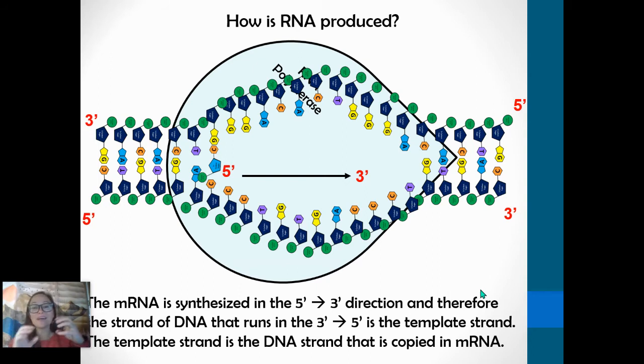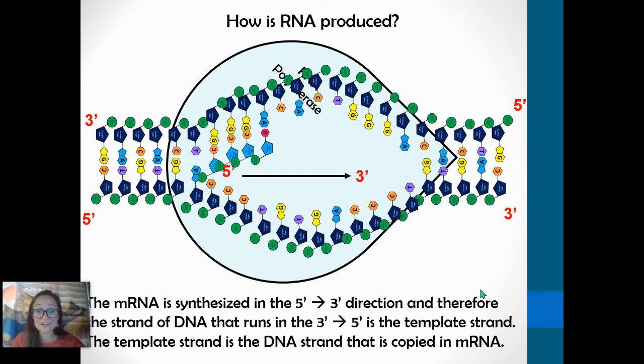But basically, the RNA polymerase enzyme is going to open up the DNA. So it's going to break the hydrogen bonds between base pairs in DNA. And it's going to use only one side, because if you remember from learning the differences between RNA and DNA, RNA is single-stranded. So here we use one side of the DNA, just one strand, to build the RNA strand.